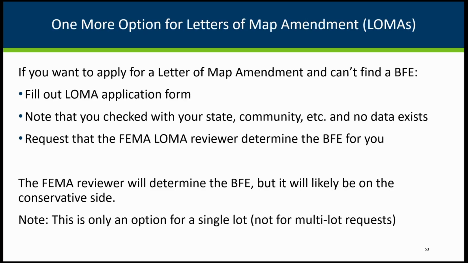You can apply to FEMA for a LOMA and say in the application, hey, I've checked with DNR and my community and my watershed, and we don't have information. Please determine my base flood elevation for me. So that is one way that if it's an individual property, you can get that information.